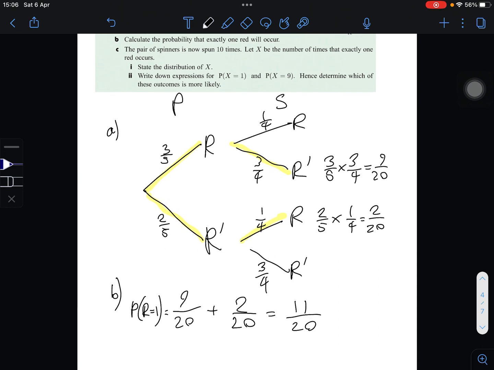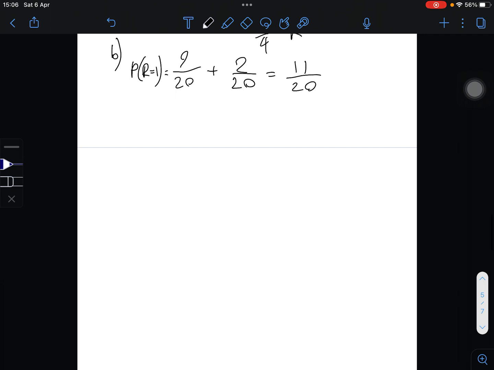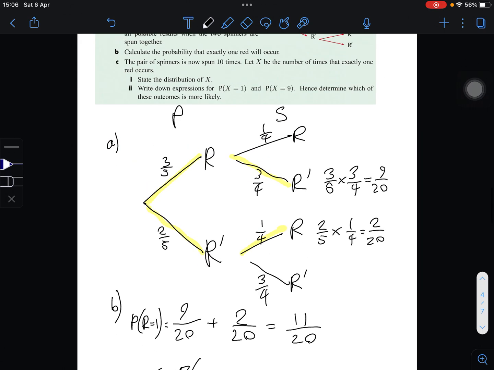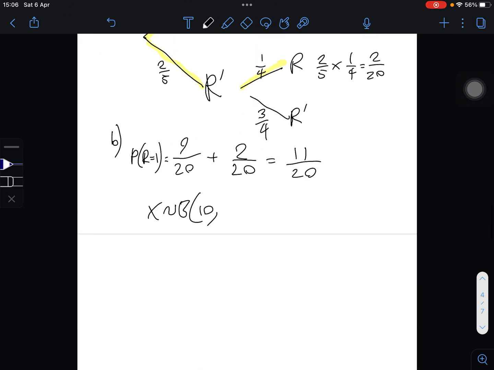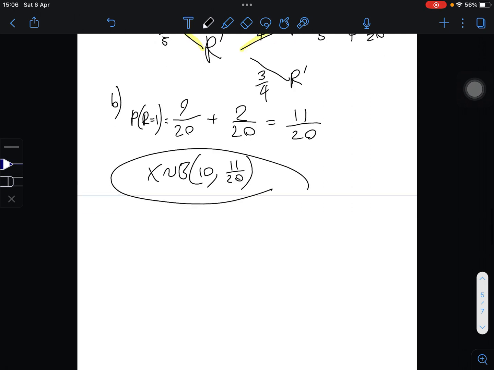If that's spun 10 times... Oh, we're now moving to binomial. I don't want to touch that yet. We're doing binomial in the next question. But basically, it's spun 10 times. What's my number of trials? 10. And then, what's my probability of success? 11 over 20.